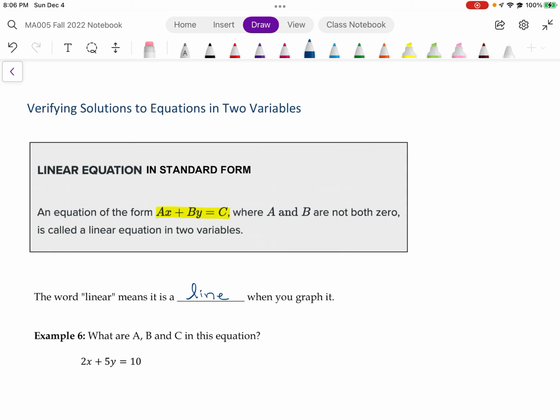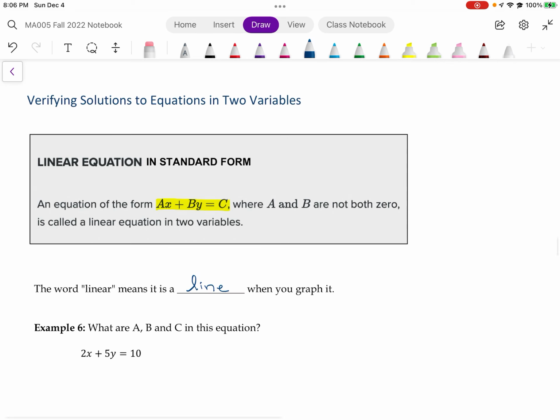So looking at this linear equation in standard form that I highlighted in yellow, and then looking at the equation in example 6, what is A, what is B, and what is C? A is always in front of x. So A equals 2.